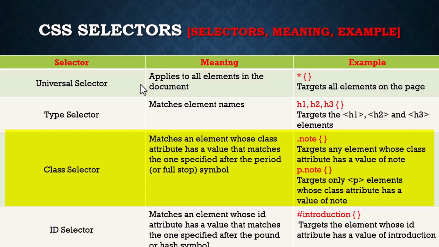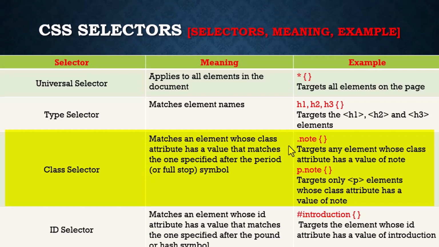In class selectors, we precede the name of the class with what? Dot, to indicate that it is what? It is a class. So let's say if an element contains a class of note, it is going to target the class attribute that has the value of note. It wouldn't apply to any other thing else.